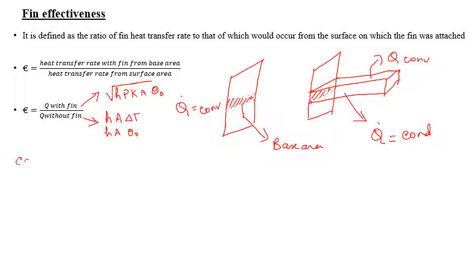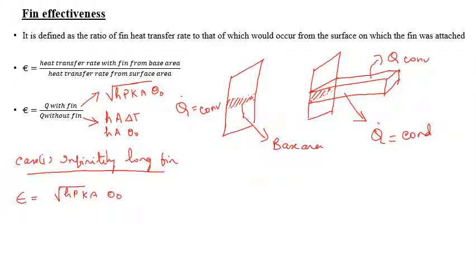The first case is if it is an infinitely long fin. So what is an infinitely long fin? If it is infinitely long, the effectiveness can be given as square root of hPkA theta naught, from the earlier expression, divided by hA theta naught.